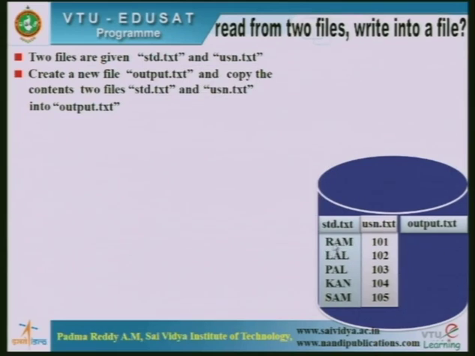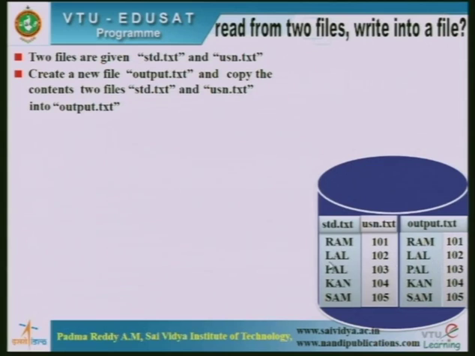Now here Ram is read, 101 is also read, and that should be written into output.txt. Lal 102, Pal 103 have been written into this file. So these two files are read and written into one single file named output.txt.